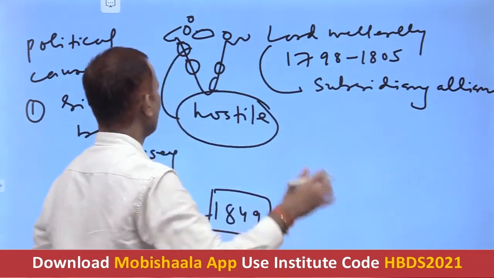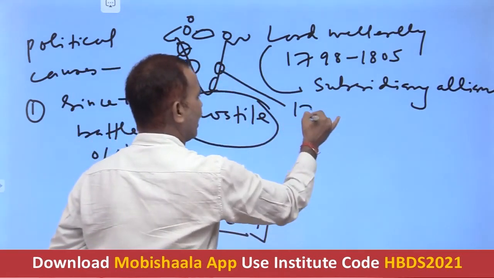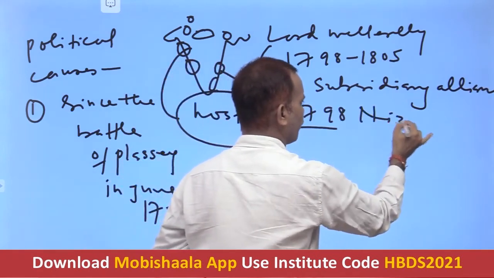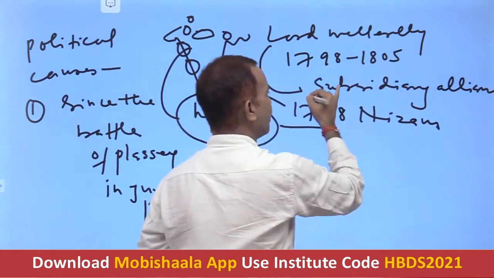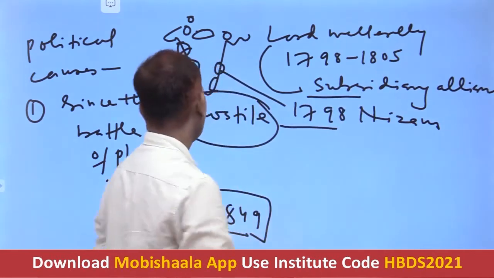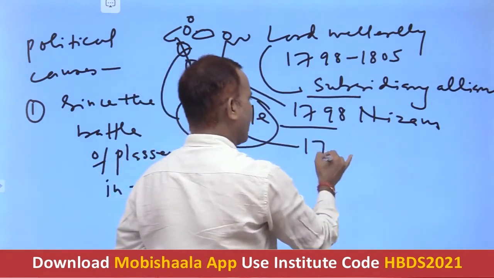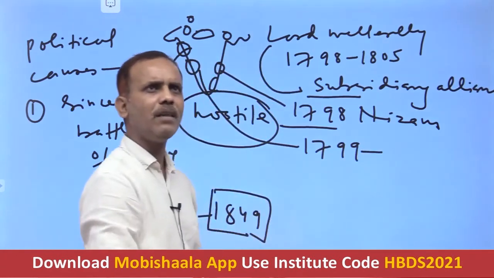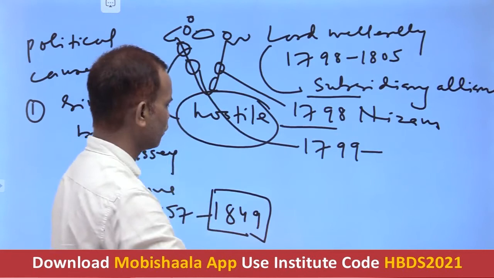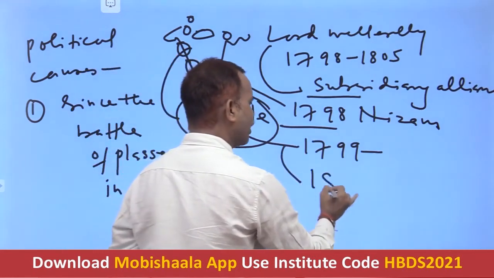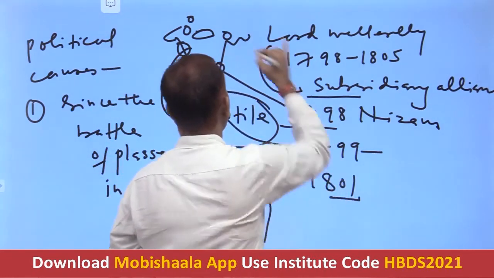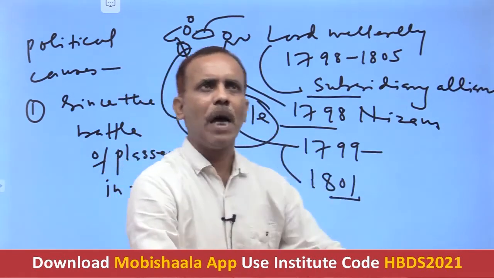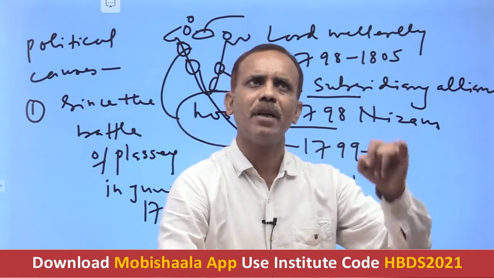For example, in 1798, Nizam accepted subsidiary alliance. In 1799, Mysore accepted subsidiary alliance. In 1801, Nawab of Awadh also accepted subsidiary alliance.